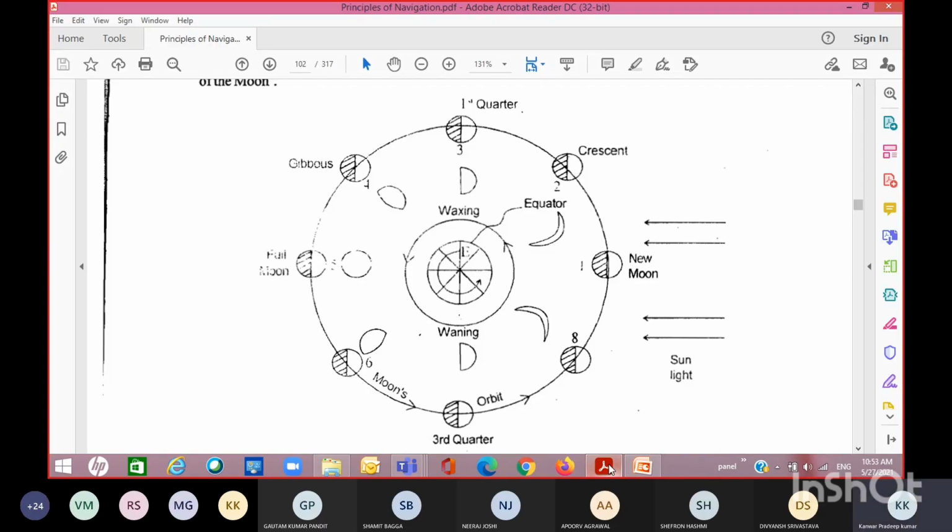You see, in the first crescent, the curve is pointing down. In the second crescent, the curve is pointing up. If I just shift that figure number 8 to figure number 2, it is a mismatch. Am I right? Yes or no? Yes, sir. Every time I get only one answer.